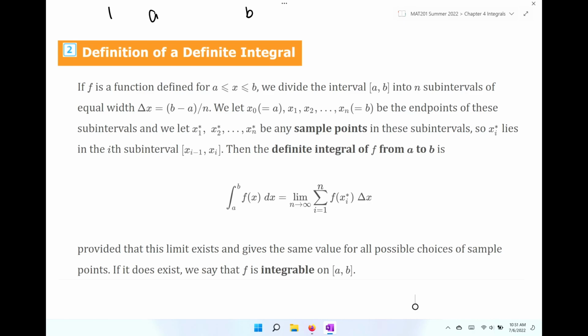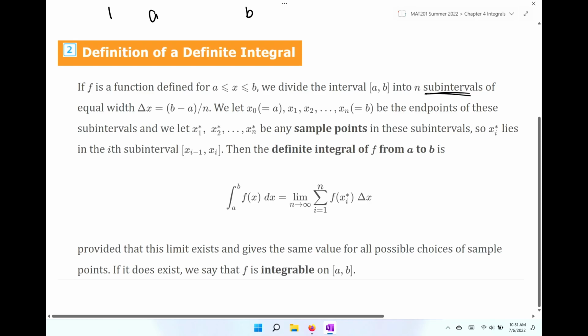So we got, if f is a function defined for a to b, and we divide the interval from a to b into n subintervals of equal width, we're going to call those widths delta x, which equals the quantity b minus a divided by n. So we've seen this before. We let x sub 0 equal a.